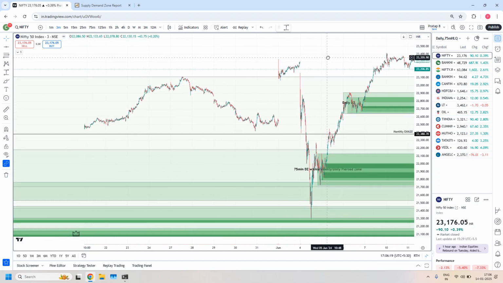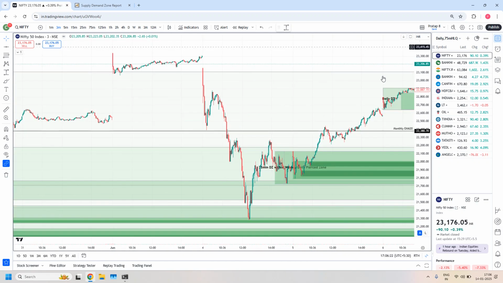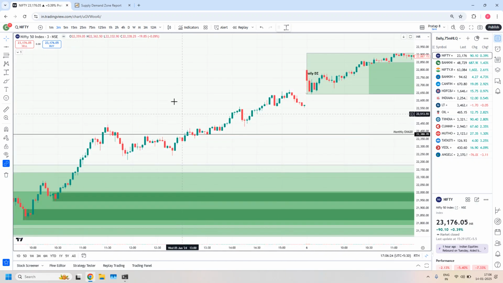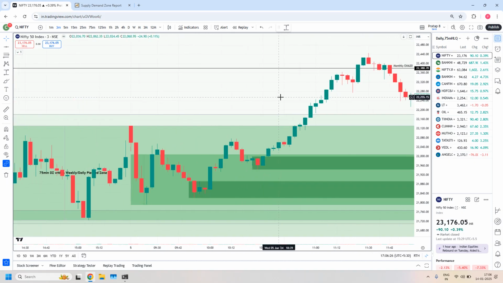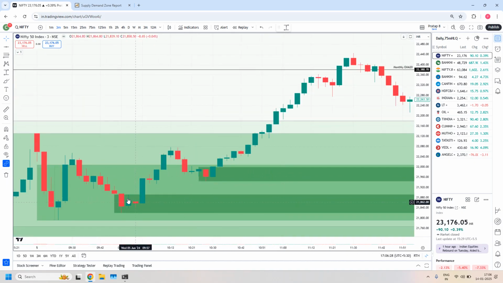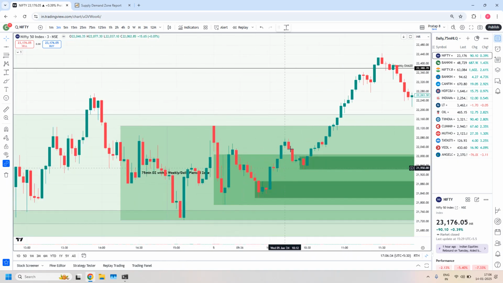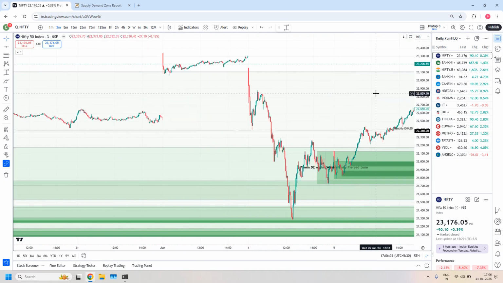See here in the 3 minutes. Oh, this is perfect. See here. We have a drop, 2 base candles and rally. Sorry, this is inside the 75 minute zone. I am analyzing the wrong one.